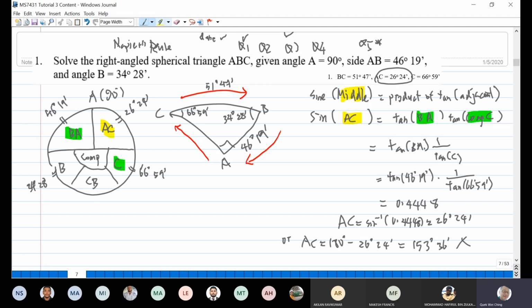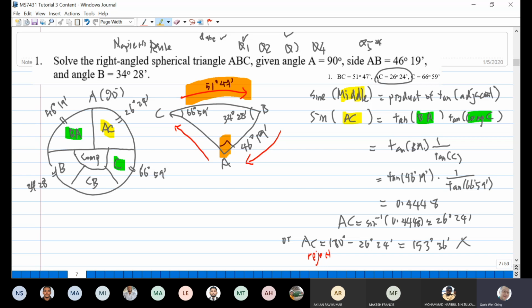Okay, this one, I reject this one because the largest angle is 90 degree, right? The side opposite the largest angle is 51 degree, 47 minutes, right? So that means whatever the AC is cannot be larger than the longer side, because the largest angle is 90 degree. So the longer side is 51 degree, 47 minutes.